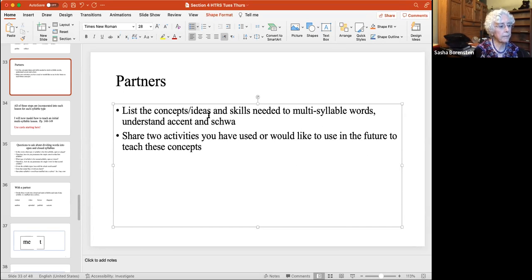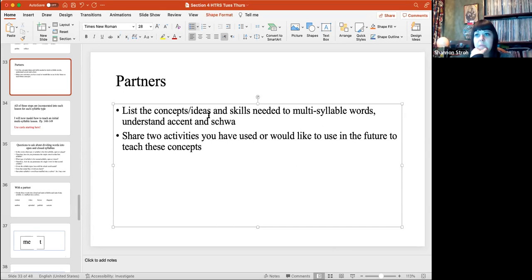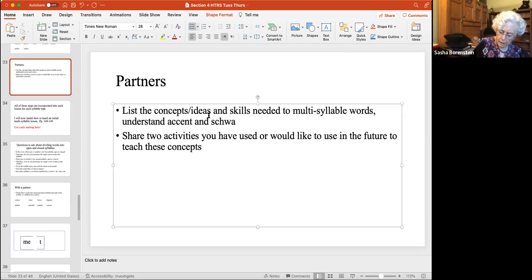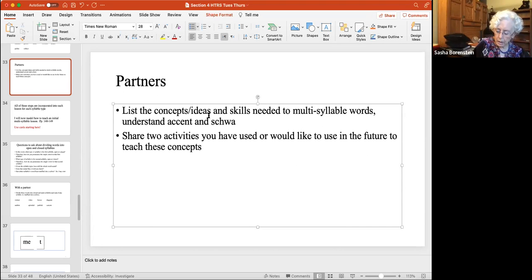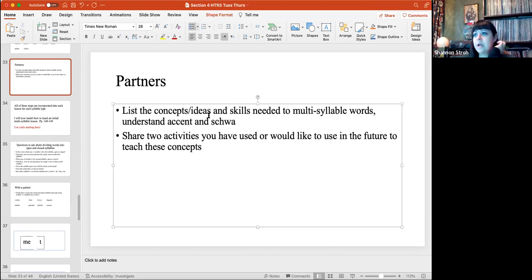Shannon, go for it. What did you find? I don't know if anybody knows about wordwall.net, but I put a link for closed and open syllable sorts. It looks like you can assign it for independent work, and it self corrects too.